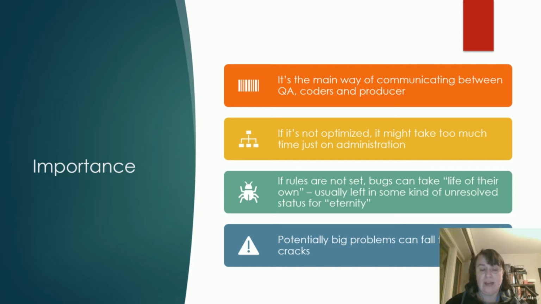Another thing, I personally always believe that there should be rules, but they shouldn't be extreme. If you have no rules about how the bugs should move through the system, bugs will take on a life of their own. Very often people don't know what to do with them, they don't address them, and they're just hanging in there.